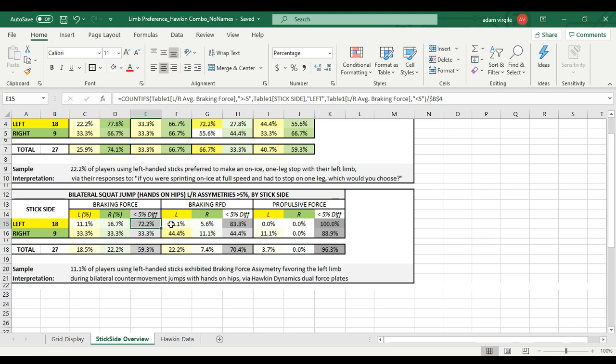And again, the profiles slightly differ. In this one, more players presented with a right braking force asymmetry. When we do braking RFD, more players presented with a left than the right.